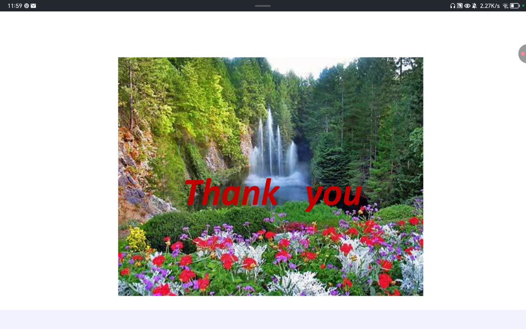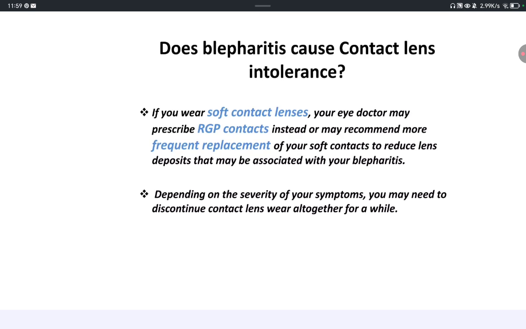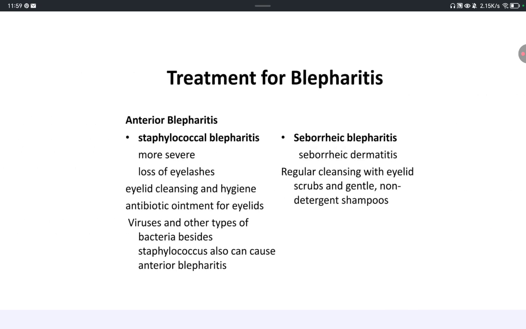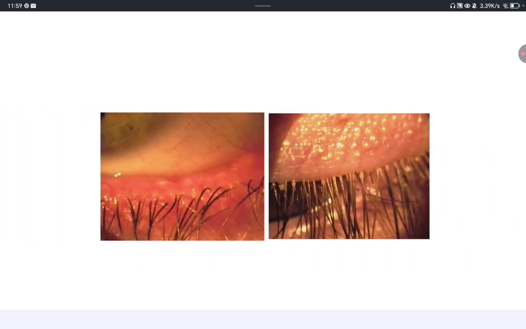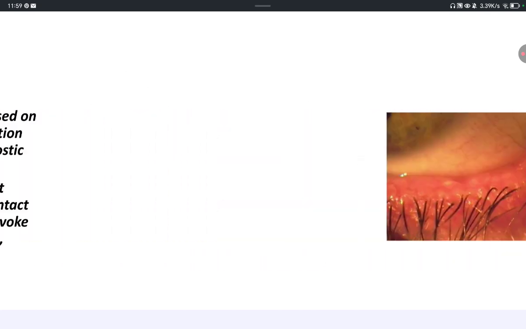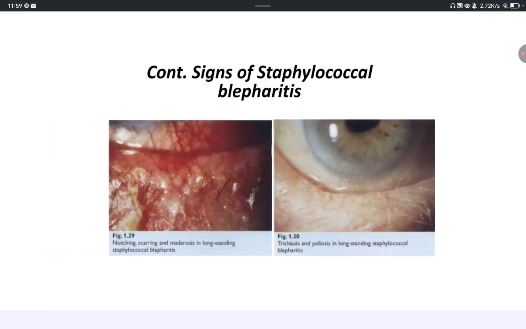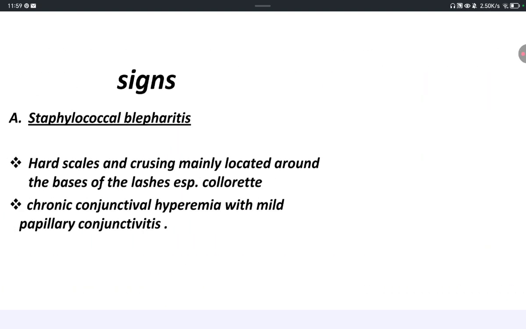Now let's quickly sum up. We talked about blepharitis: what is blepharitis, classification, signs and symptoms, diagnosis, management, and causes. There are no exact pathological causes of blepharitis, but we can analyze as per symptoms, history collection, and correlation with previous diseases, and get close to the diagnosis.